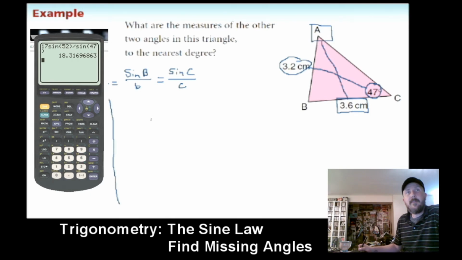Okay, we're going to sub this stuff in. So, the A for the C stuff, that's what we know all the information for. I've got the angle on the top because what I'm looking for is an angle. And so I'm going to want to get that all by itself. So I'm going to go sine 47 degrees.